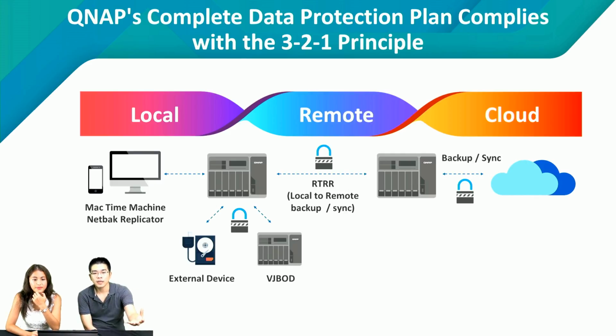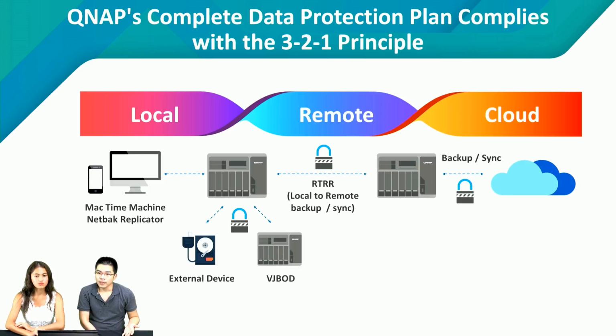You have one data file inside your computer, and then you can send another copy to your NAS or your tank. And then you can use an external device or our exclusive function, VJBOD, a virtual JBOD, and you can have other copies. Right here, you will have one copy in your computer, the second copy inside your tank, and the third copy inside your external device and VJBOD, so that fits the 3-2-1 principle, right?